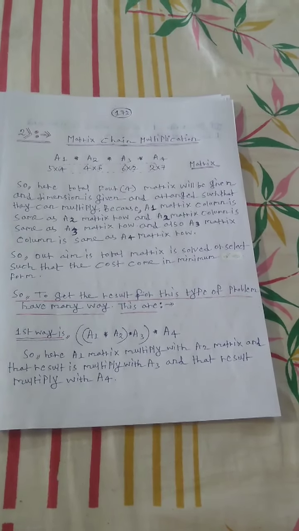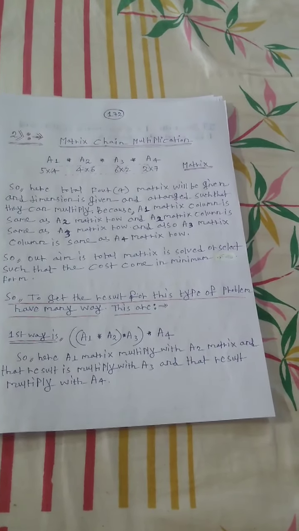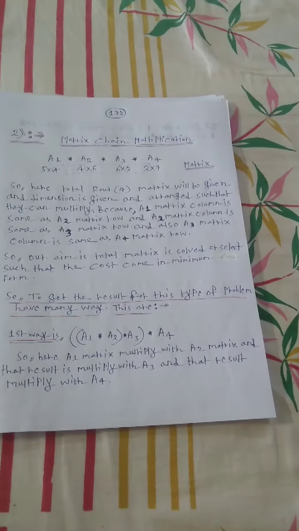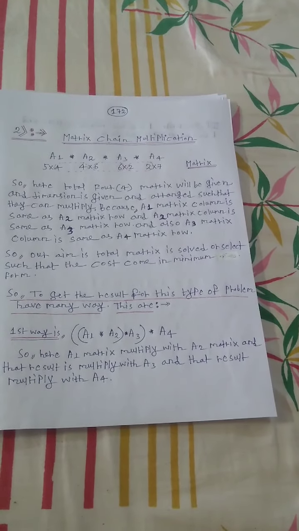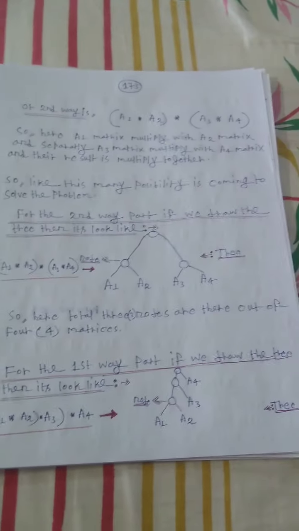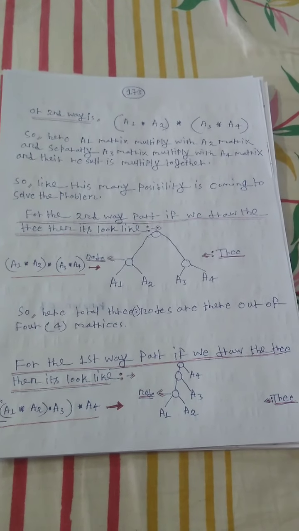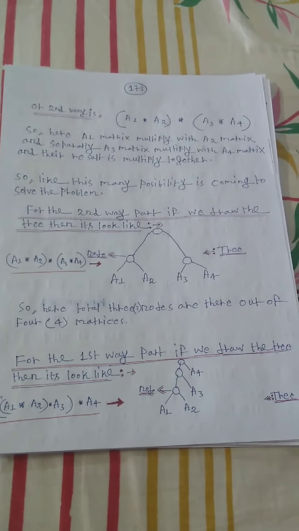To get the result for this type of problem there are many ways. One way is that you can multiply A1 into A2, then the result is multiplied with A3, and that result is multiplied with A4. The second way is that the A1 matrix is multiplied with the A2 matrix, and separately the A3 matrix is multiplied with the A4 matrix, and these results are multiplied together.